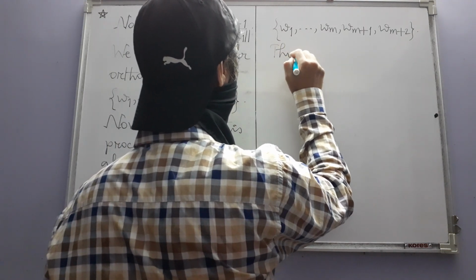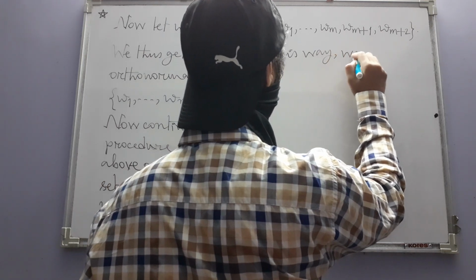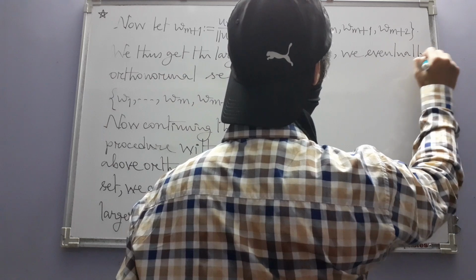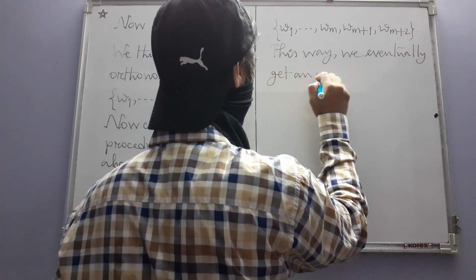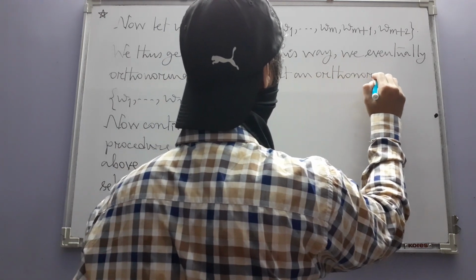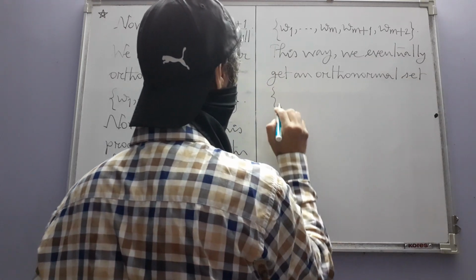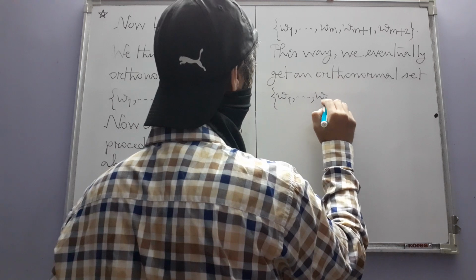This way we eventually get an orthonormal set having exactly n vectors.